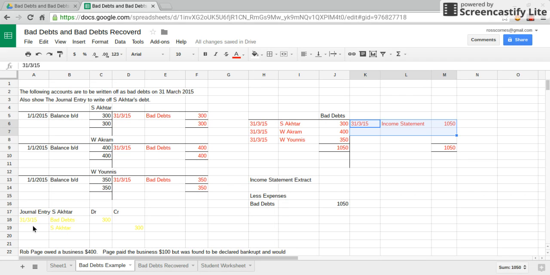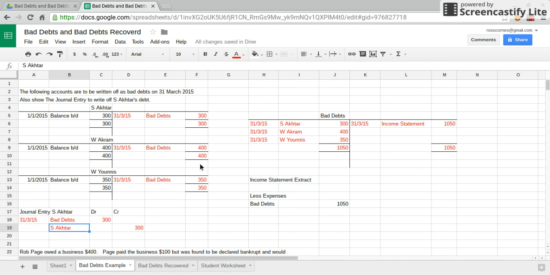Journal entries have just been asked in this question to do the one journal entry, and that's for Akhtar. So journal entry for Akhtar, where the bad debts account is being debited. So we need to make it clear that the bad debts account will get a debit entry.